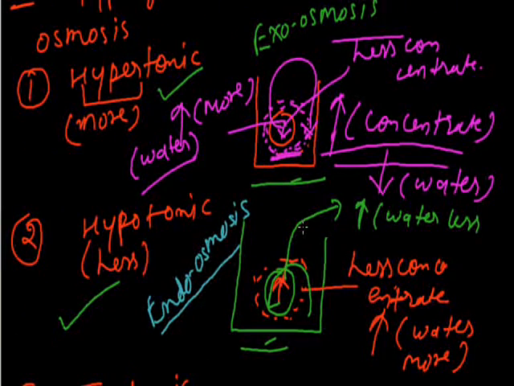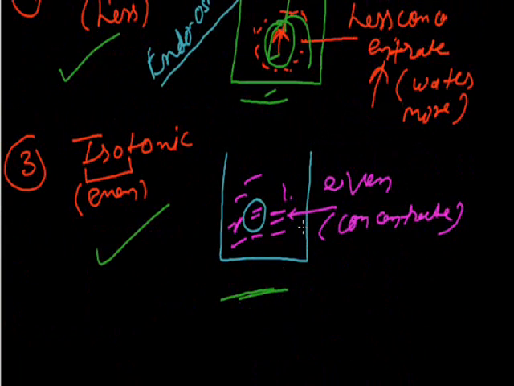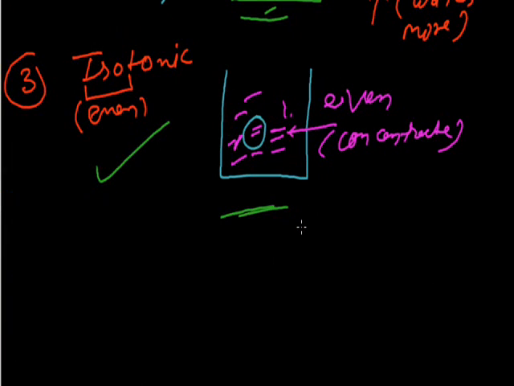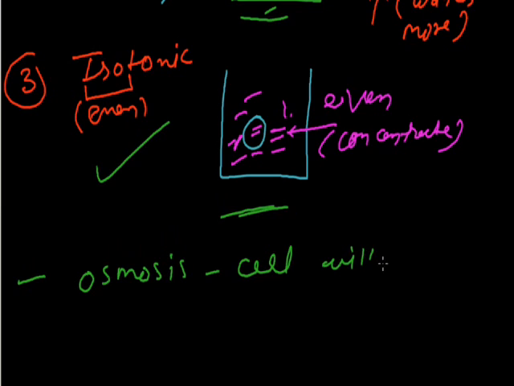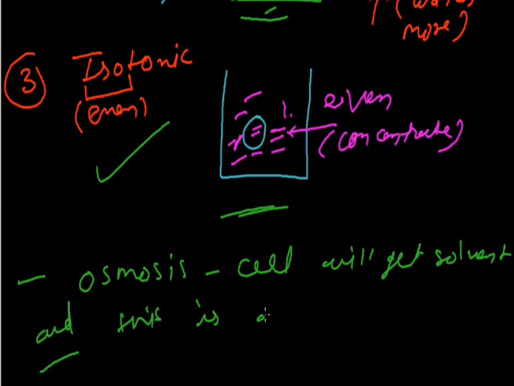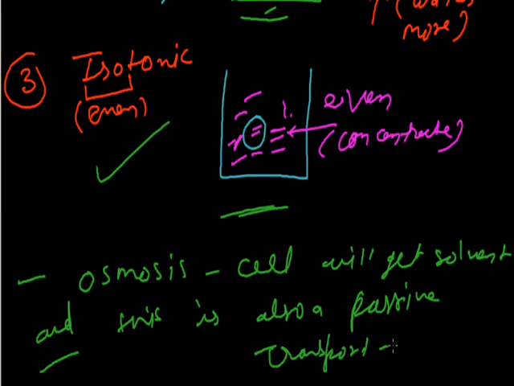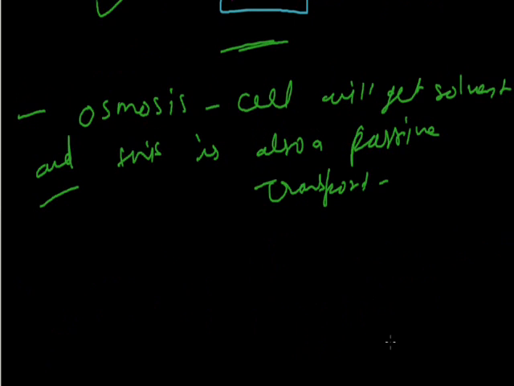So today we will discuss the process of osmosis and diffusion. By the process of osmosis, the cell will get solvent, and this is also a passive transport, so it also doesn't require energy.